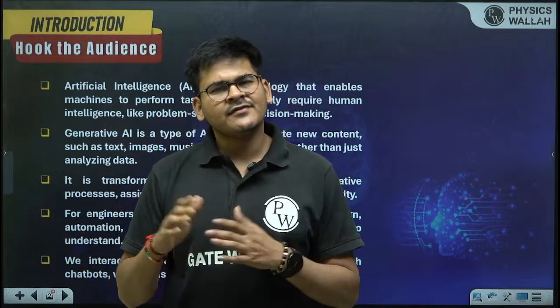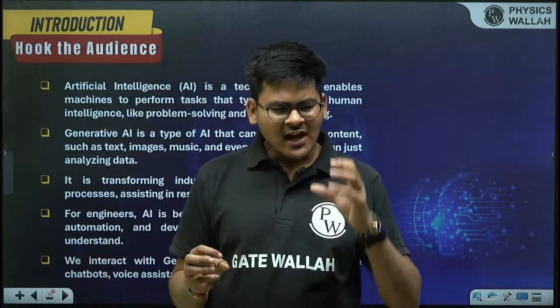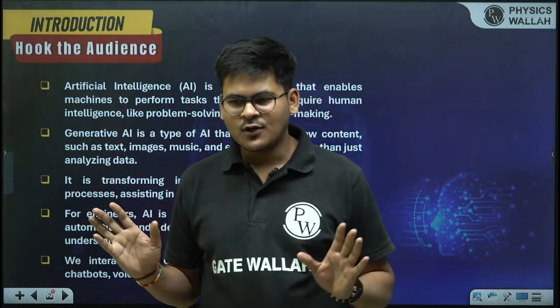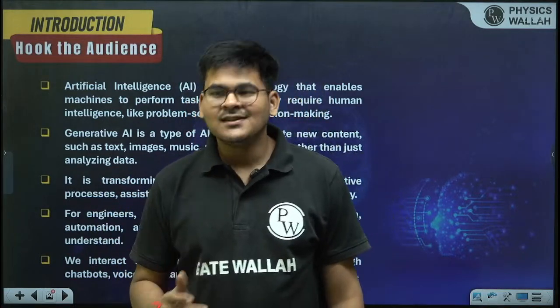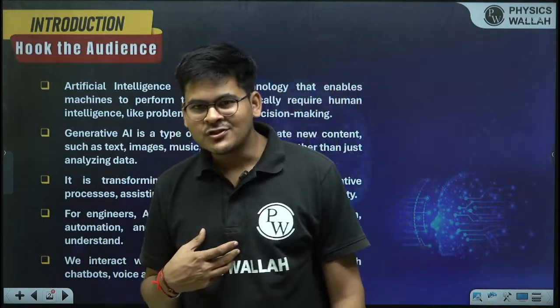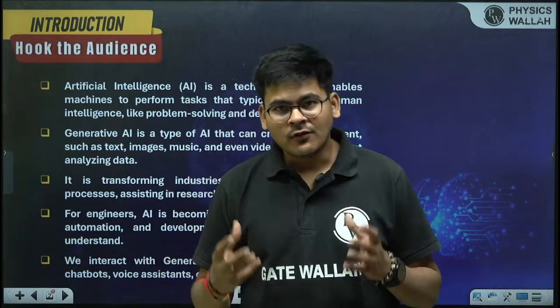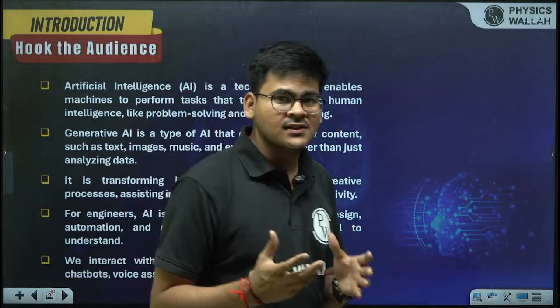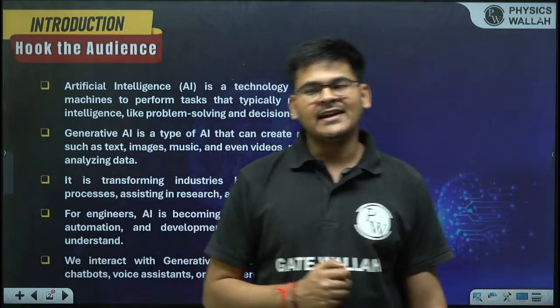So what is artificial intelligence? It is artificially created intelligence, as simple as that. What is natural intelligence? Your knowledge, my knowledge, human beings, the brain of a human being, of a person is natural intelligence.